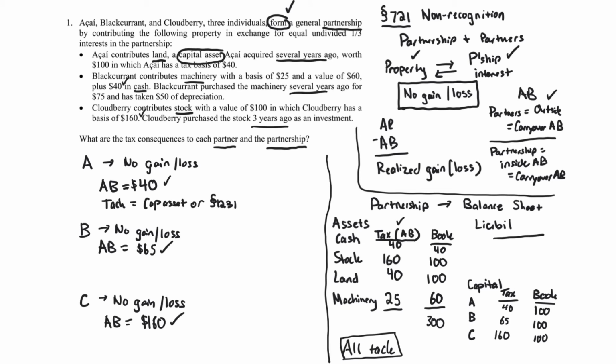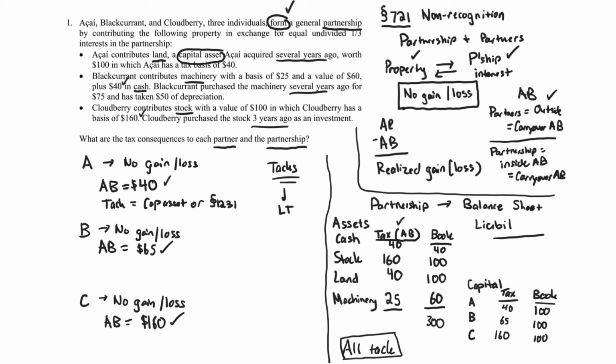The land is a capital asset in the hands of A. So that means that A tacks on. And because A held the land for several years, the partnership interest is automatically considered long-term because you get to add on those several years.